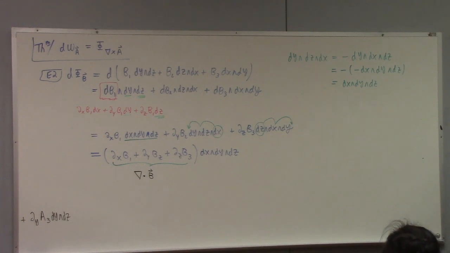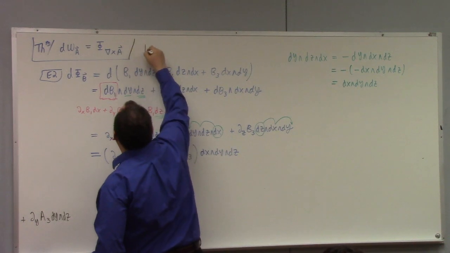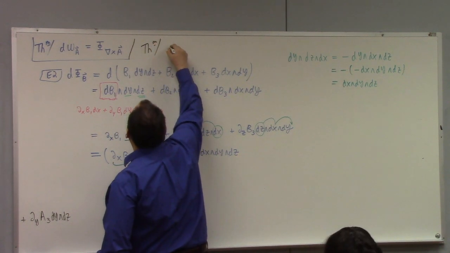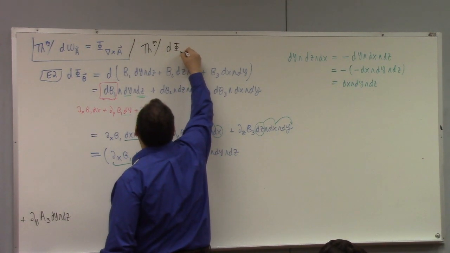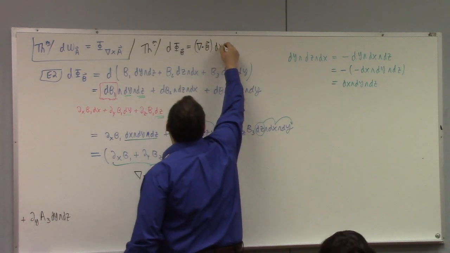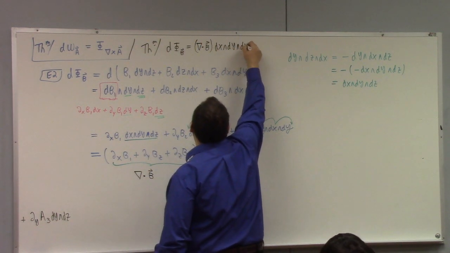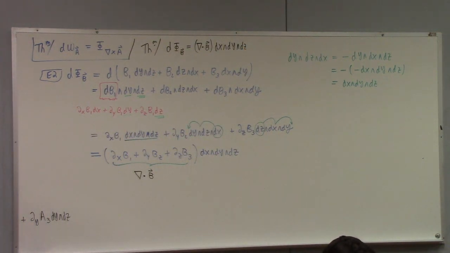Okay, so where was I? There's obviously another theorem here, which I'll put up, and the theorem is: the exterior derivative of the flux form of a vector field is the divergence of the vector field times dx wedge dy wedge dz. And for differential forms in 3 dimensions, that's kind of it, because the exterior derivative of a 3-form would be a 4-form, and there are no non-trivial 4-forms in 3 dimensions.